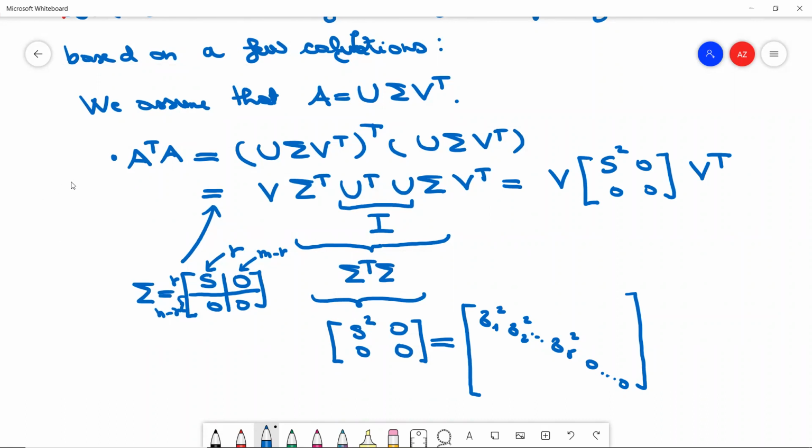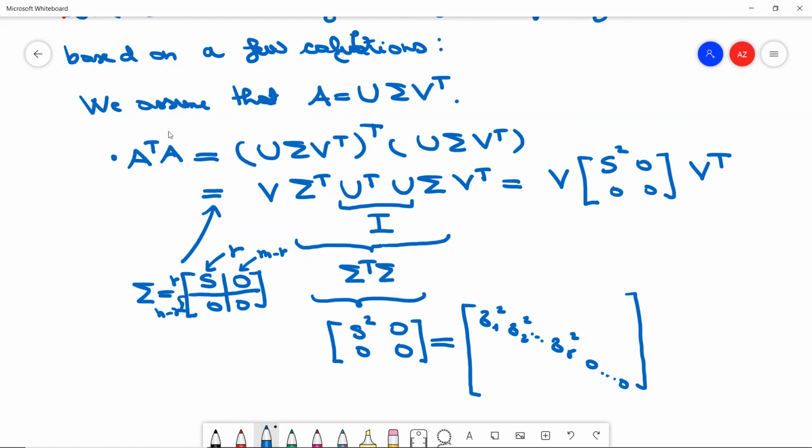What we can infer from this calculation is that the singular values of A are exactly the square roots of the eigenvalues of A transpose A. So we have a matrix A. We calculate A transpose A. This is a symmetric matrix.